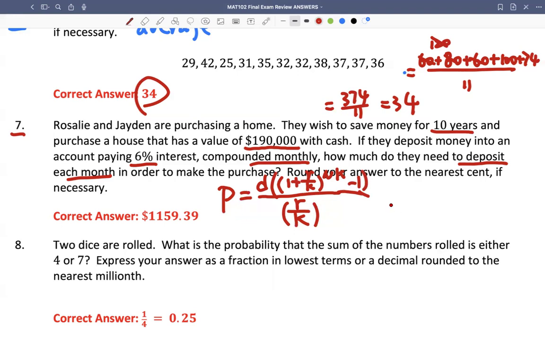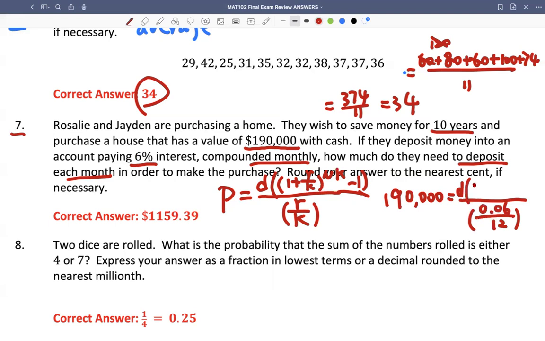So P in this case is 190,000. And we're looking for this D, the deposit. We don't know this deposit yet. R over K, R is 0.06, the percentage interest rate. So 0.06 divided by 12, because K is 12, compounded monthly.